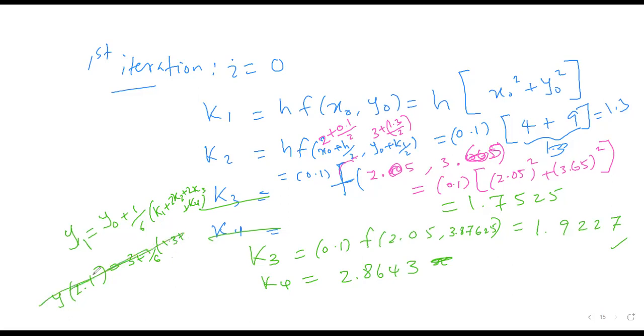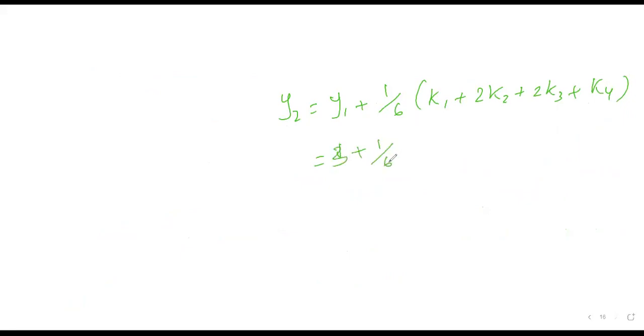Okay, I write again. So y1 is equal to y naught plus 1/6 k1 plus 2k2 plus 2k3 plus k4.